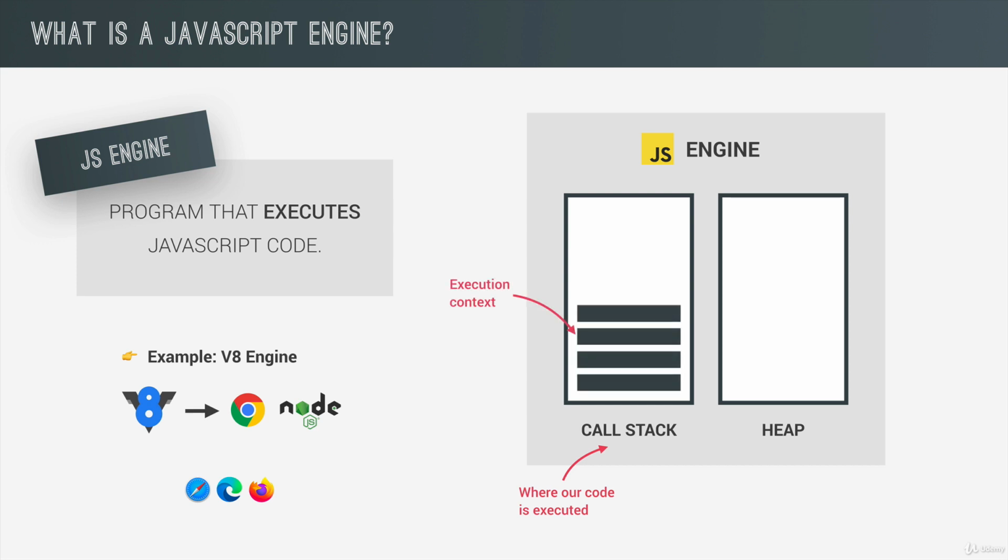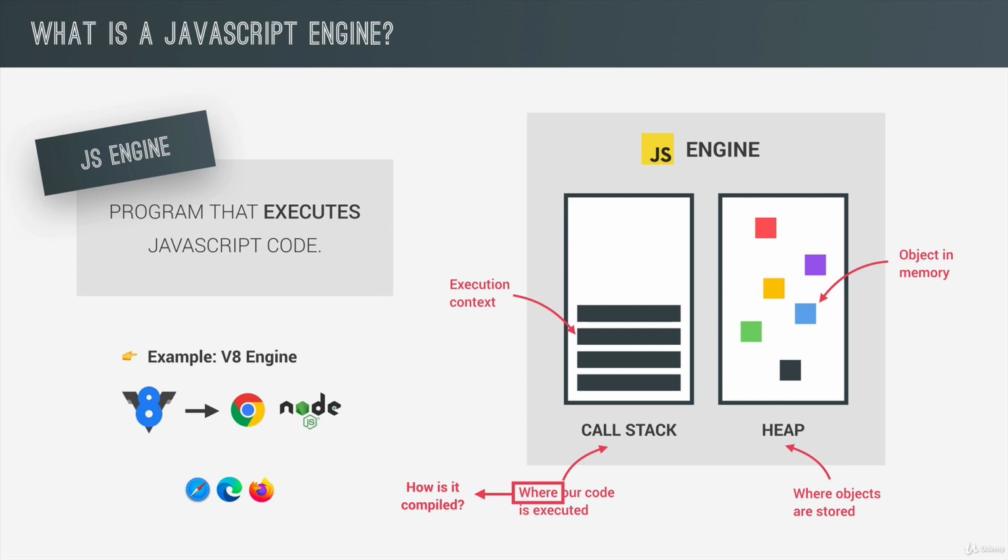Then the heap is an unstructured memory pool which stores all the objects that our application needs. All right, so with this look at the engine, we have answered where our code is executed. But now the question is how the code is compiled to machine code so that it actually can be executed afterwards. Well, let's find out.